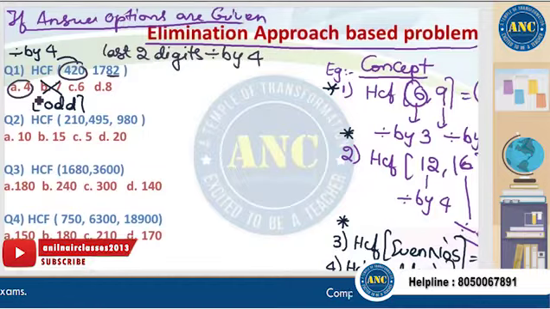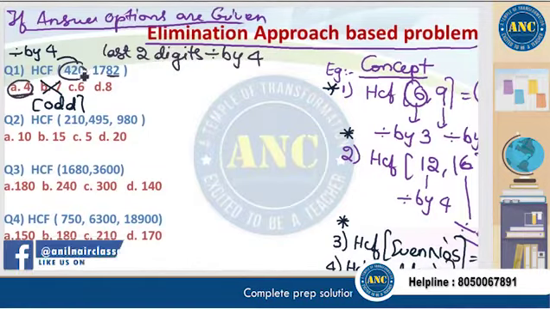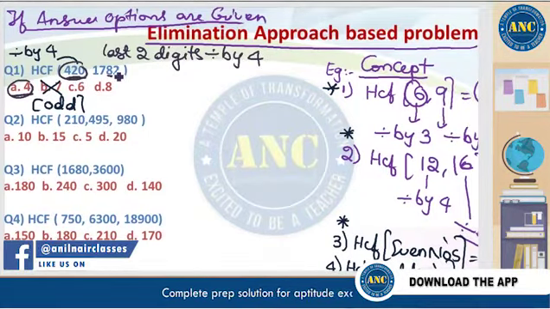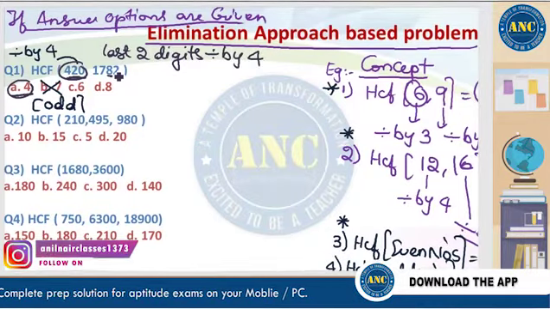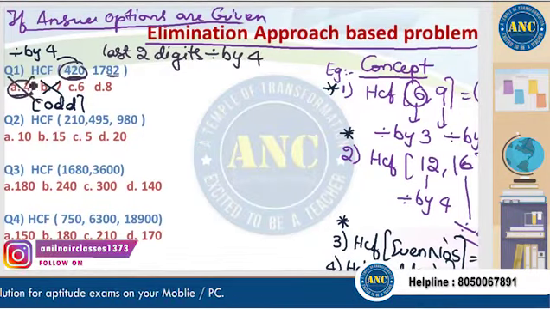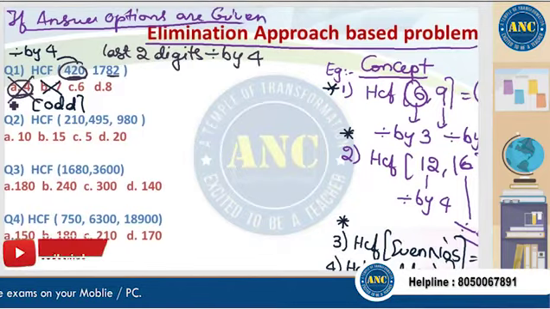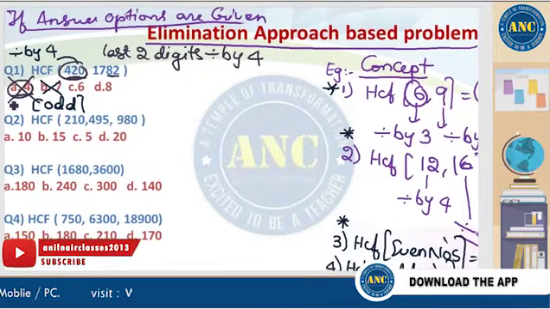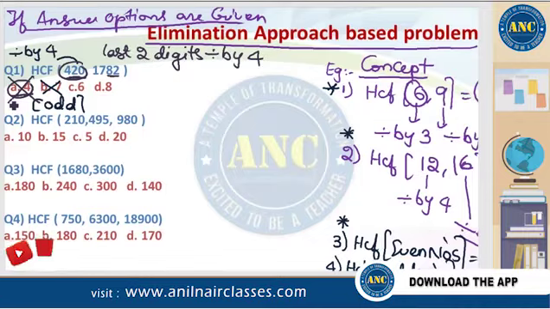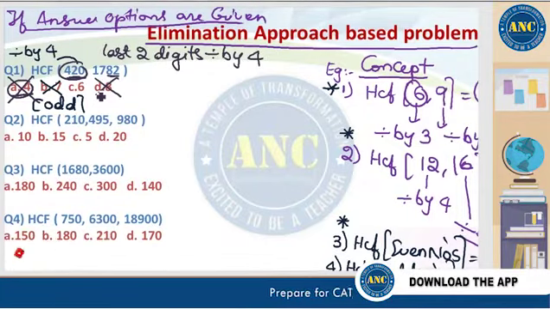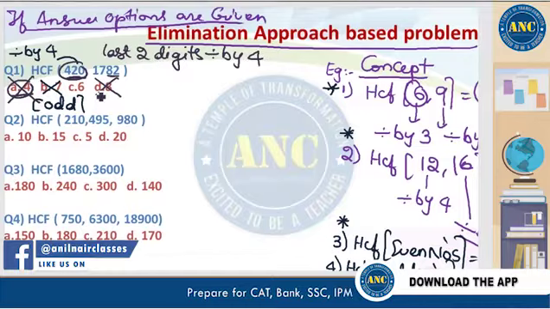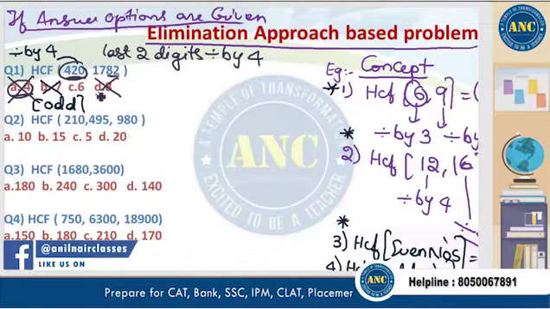We already discussed that if the answer is divisible by 4 and one number is divisible by 4, the other number, 1782, should also be divisible by 4. But 1782 is not divisible by 4. Therefore, my assumption that 4 is right is incorrect. If a number is not divisible by 4, how can it be divisible by 8? Because 8 is nothing but 4 into 2. 7 is out because the HCF of two even numbers is always even. 4 is out.